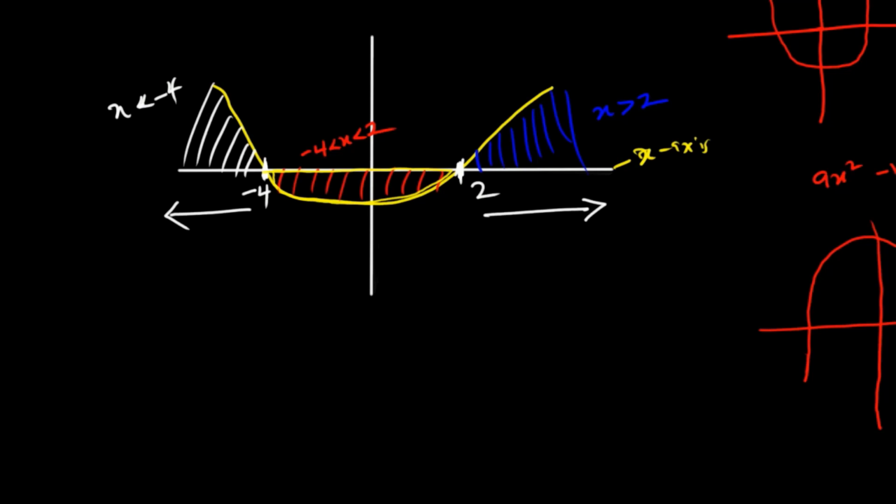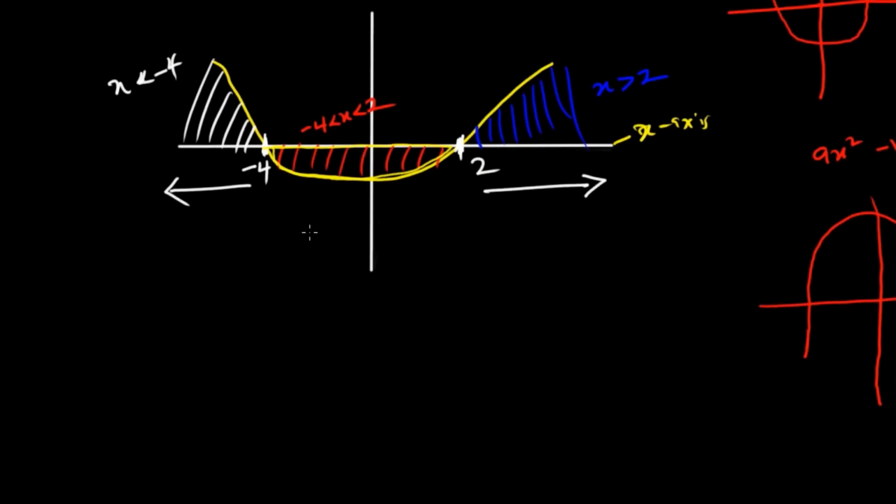So the solution is simply the range -4 less than x less than 2, because it's the region that falls below the x-axis, simply because we have a less than or equal to symbol.